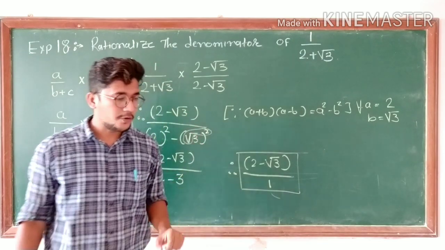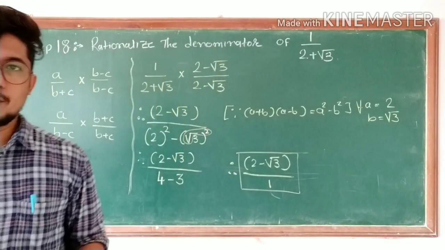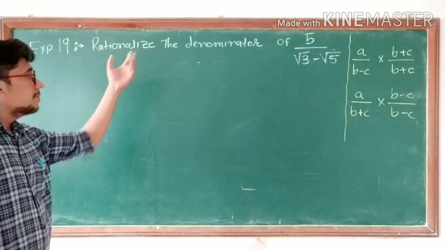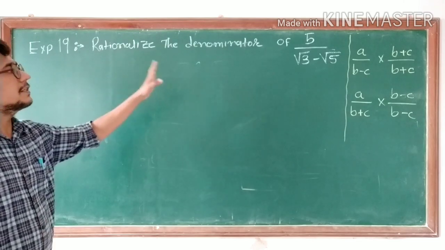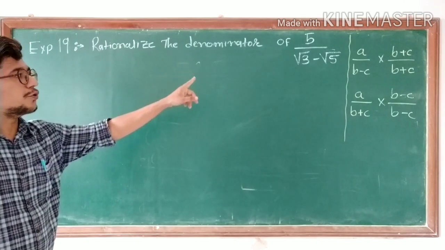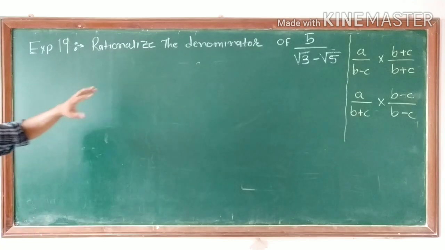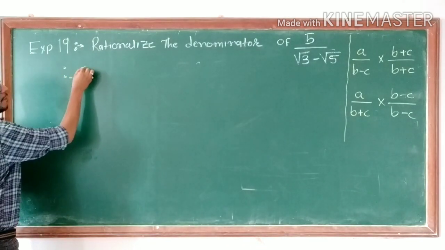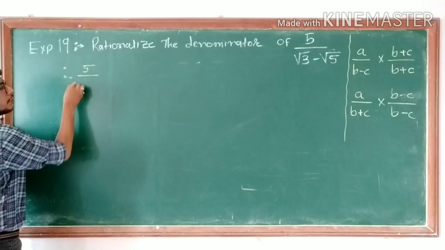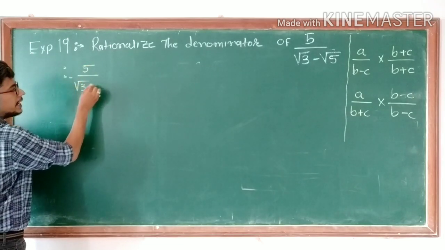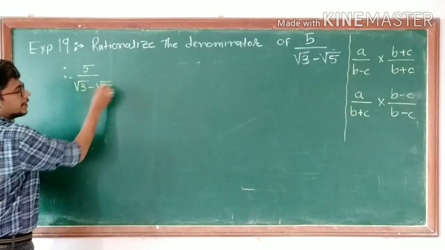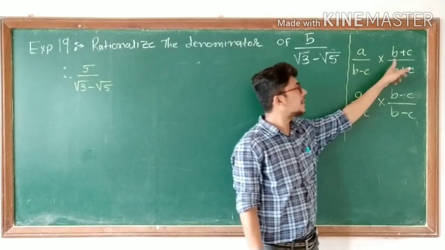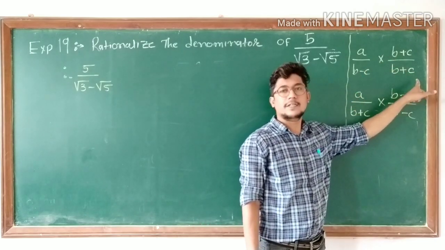Okay, so now we are moving to the next problem. Example 19: rationalize the denominator of 5 upon root 3 minus root 5. Again it is the same type of problem. We know that whenever minus is given, you have to multiply and divide with the plus sign.